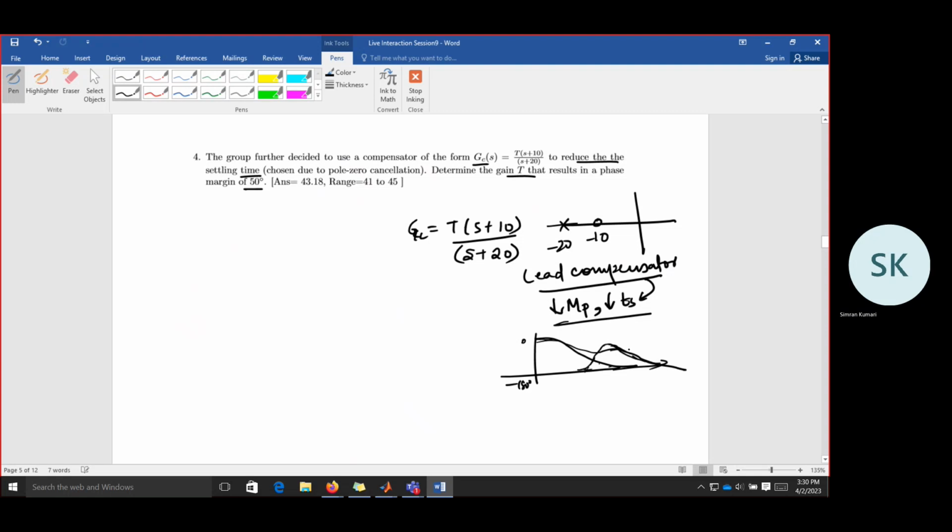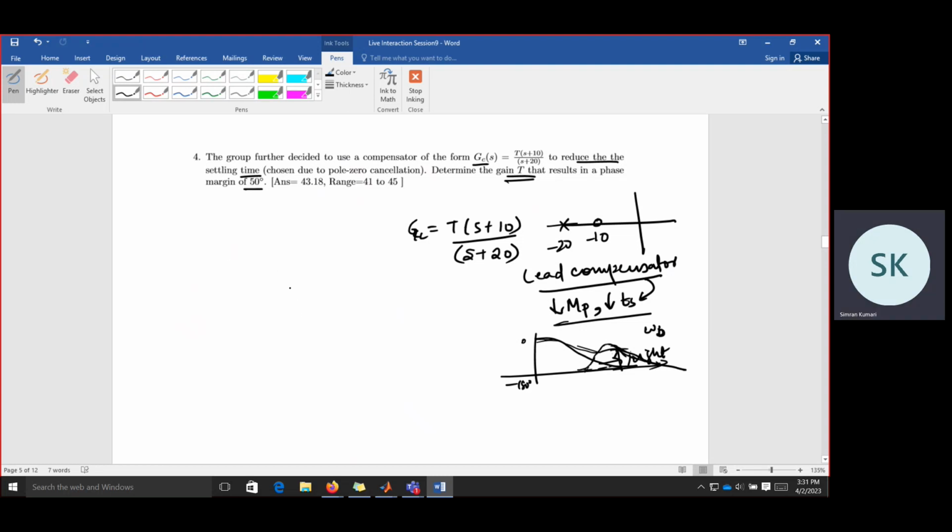Because of this, the bandwidth is increasing, and also this phase margin frequency will shift towards the right. Now it is asked what is the gain T that results in a phase margin of 50 degrees. What do we want? The phase margin should be 50 degrees and we want to find the gain.